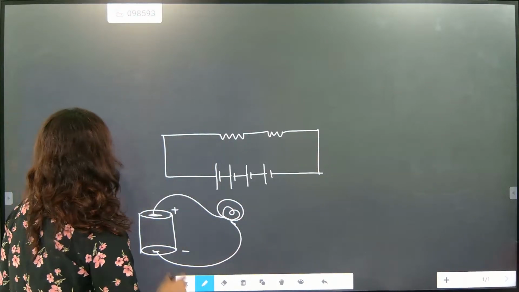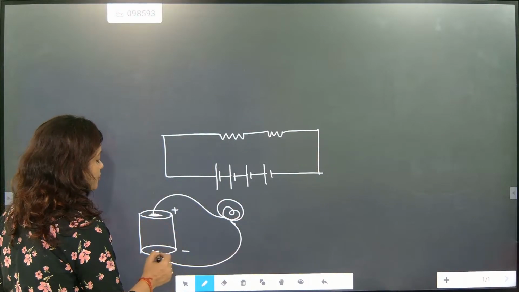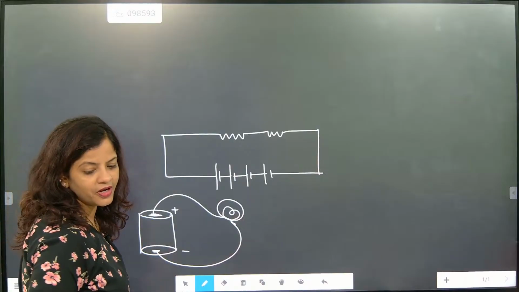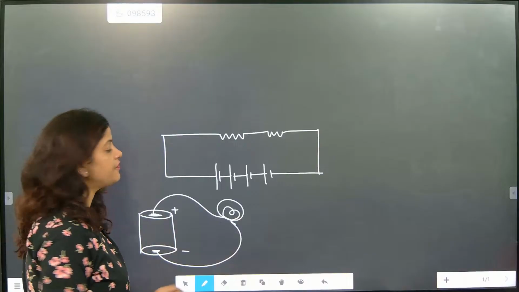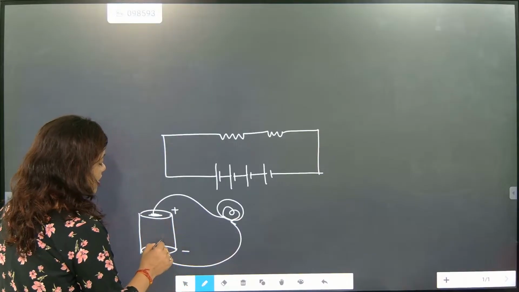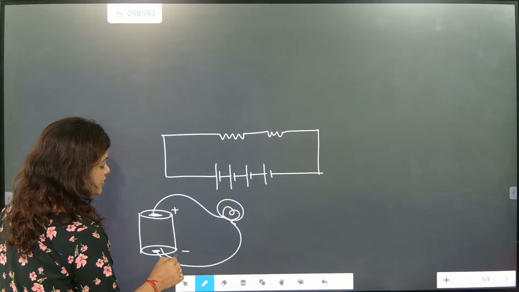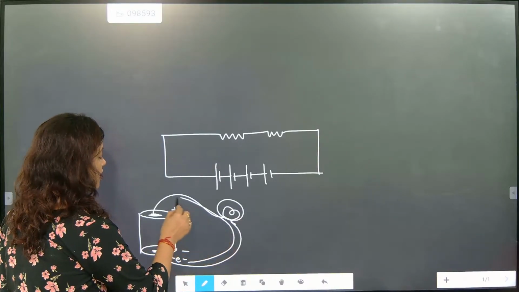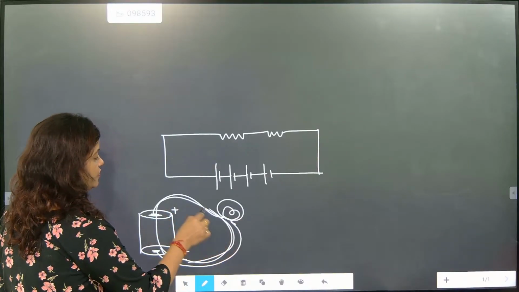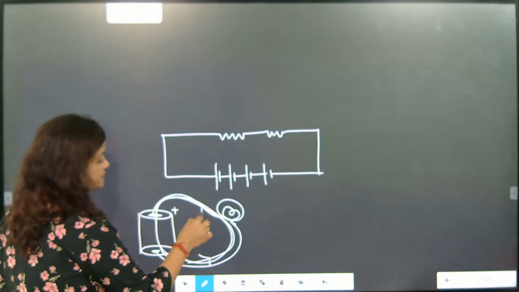So now look here. So this is the connection. So this is the positive terminal and this is the negative terminal. So you can see that the electrons are exactly going from this direction, negative. Okay. So it is going from here. This is the channel, we can say.